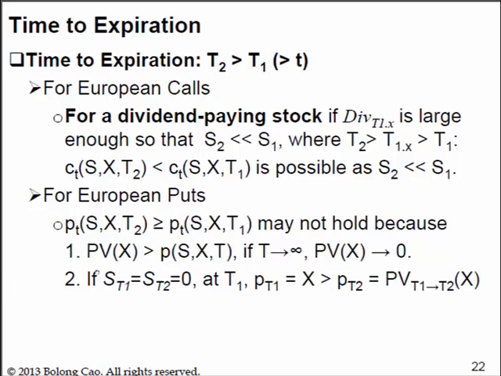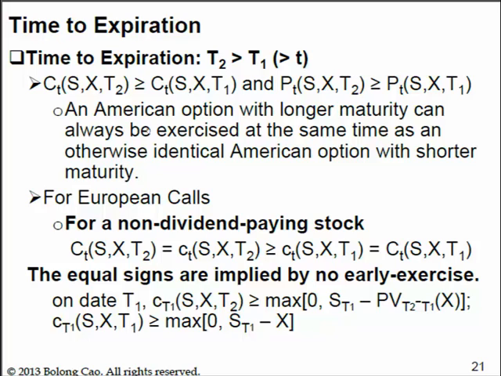Okay, so basically for European calls and European puts, it's not necessary for the longer maturity, further expiration date European options to have a higher value. But it's always true for American options. For American options, if you have a longer expiration date, a further away expiration date, it's always good. For European calls, if the underlying is not paying dividend, it's good to have a further expiration date.